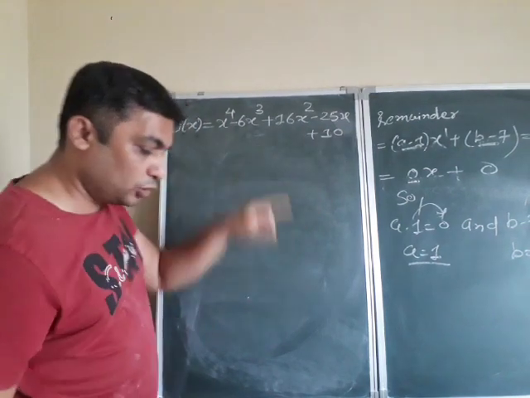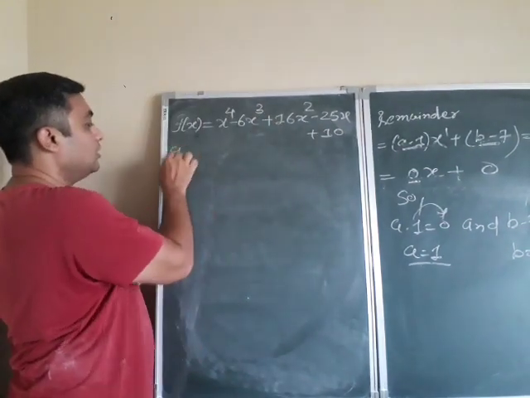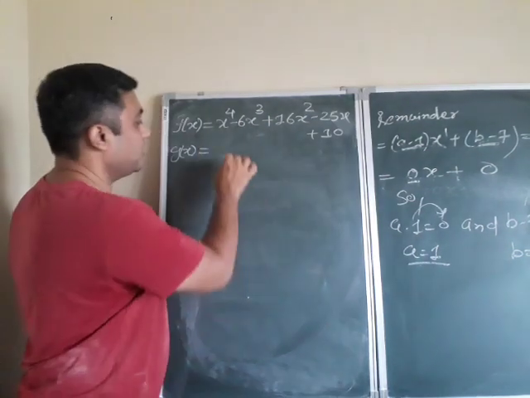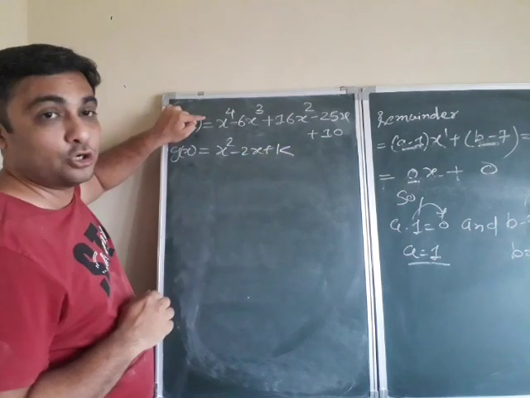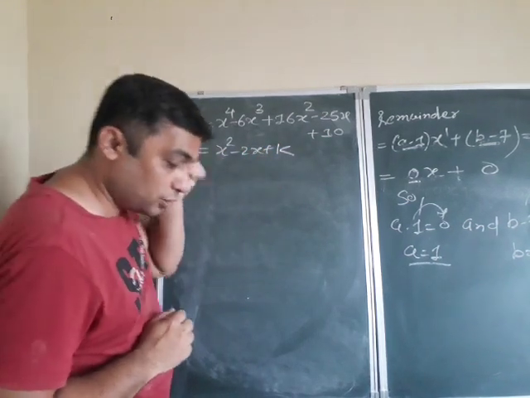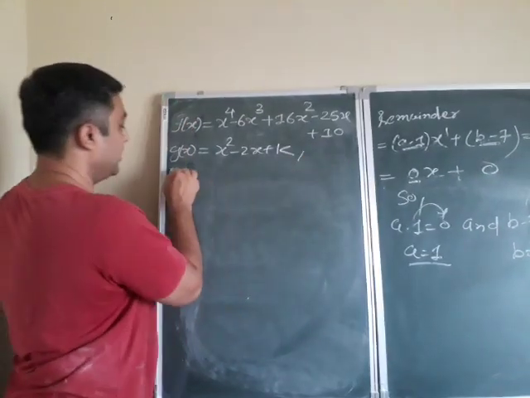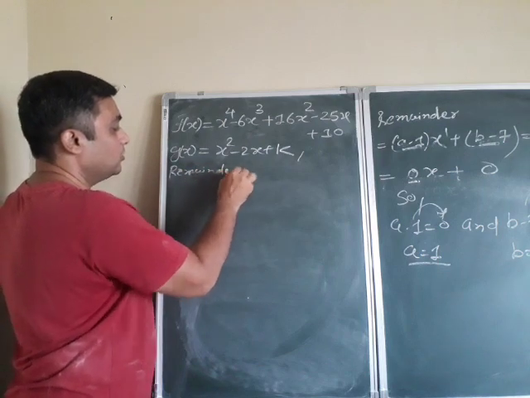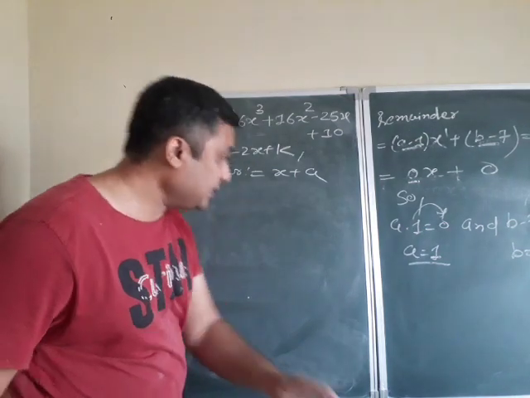See, if this polynomial is divided by another polynomial g of x, x square minus 2x plus k, then the remainder comes out to be x plus a. So find k and a.